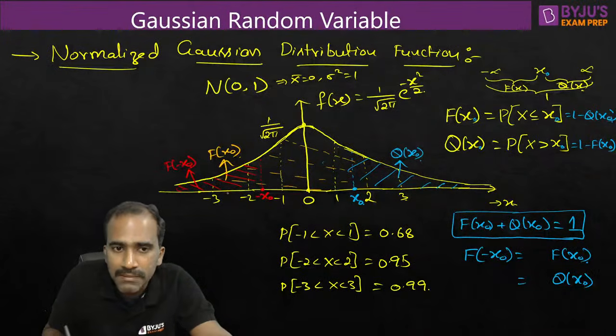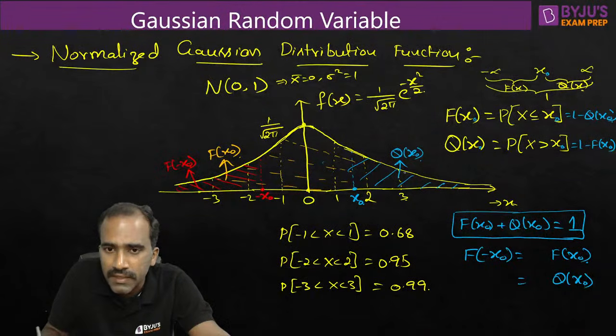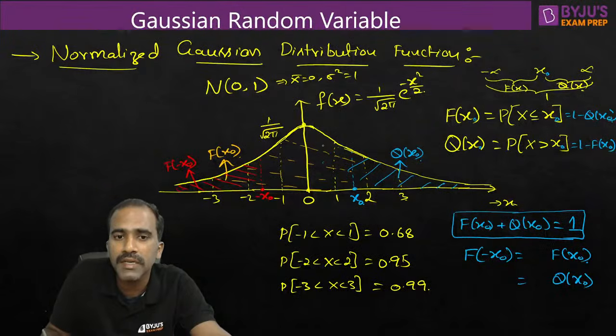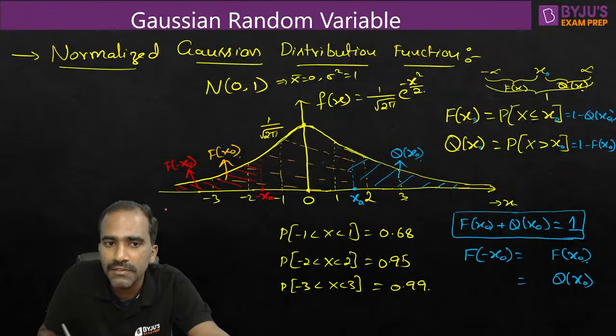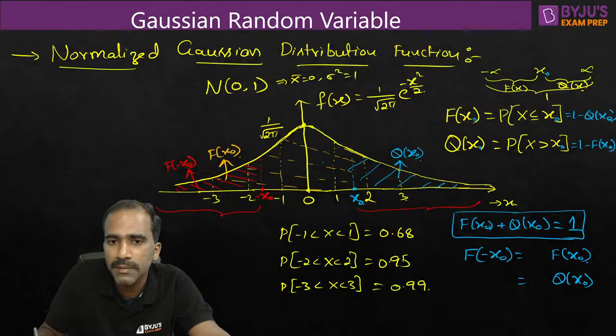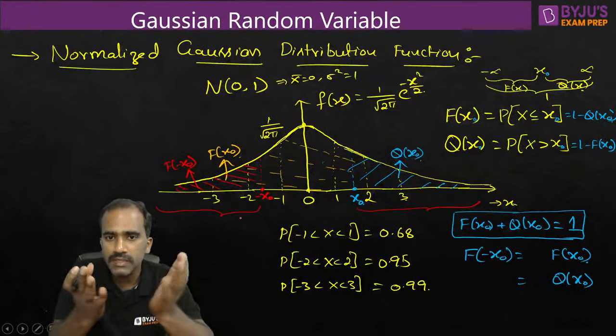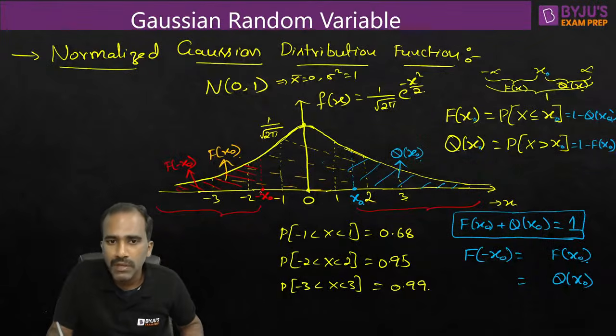Observe this area and this area, because this is a symmetric curve. The area from minus infinity to minus x naught is the same as the area from x naught to infinity. See and tell me, is it the same? Because it is a symmetric curve, na? Whatever shape you see from minus infinity to minus x naught, the same shape you see from x naught to infinity also.